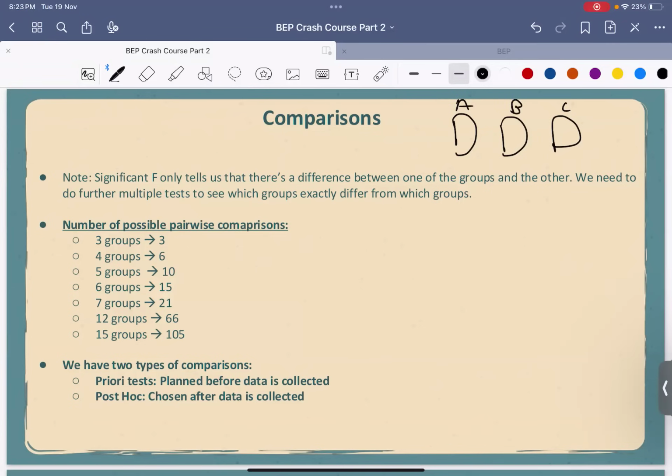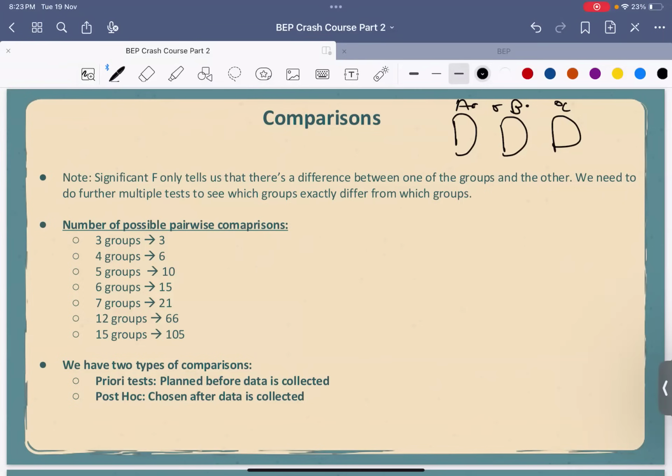There's a difference somewhere. For example, let's say A and C are exactly the same, but A is different from B, and also C is different from B. So C is not doing anything, but B is the one doing something. The F value will be more than 1, but does that tell us that B is doing something and C is doing something?